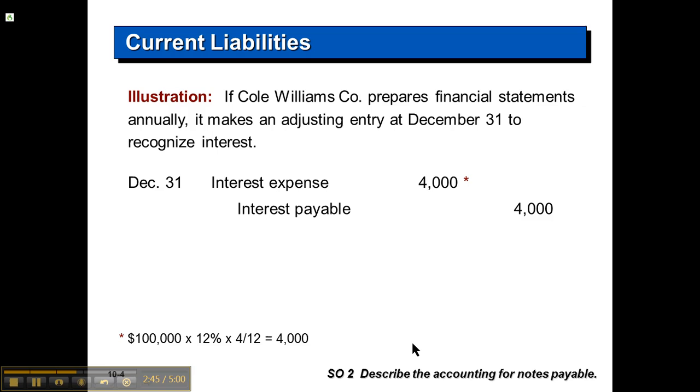So we're going to incur the interest expense at the same time as incur the interest payable. Now the interest payable will come into factor when we actually pay the loan off, but we want to make sure that we incur and show the expense for our income statement at the time that we incurred the expense.